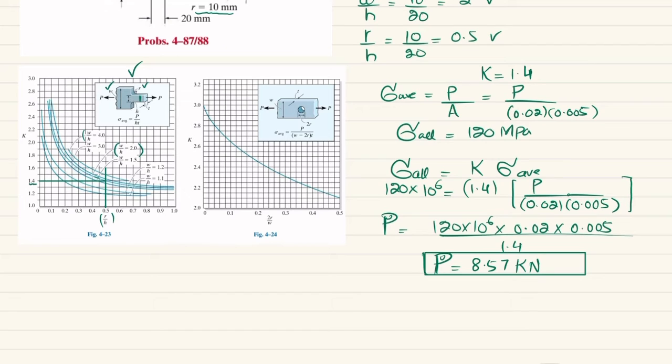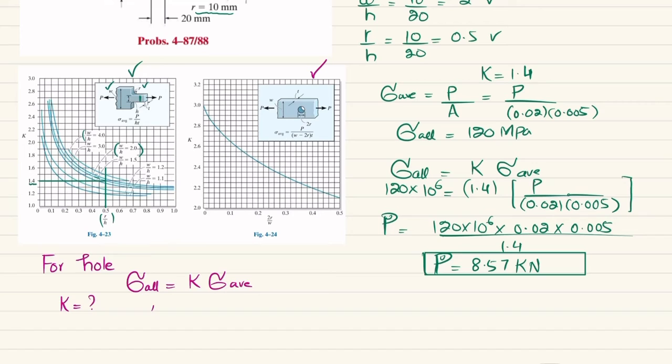Now this load P is due to the fillet. We will now move toward finding it for the hole. For the hole, again the maximum stress or allowable stress is equal to K into sigma average. So we will first find this K. How will you find this K? By using this graph, because this bar contains a hole.